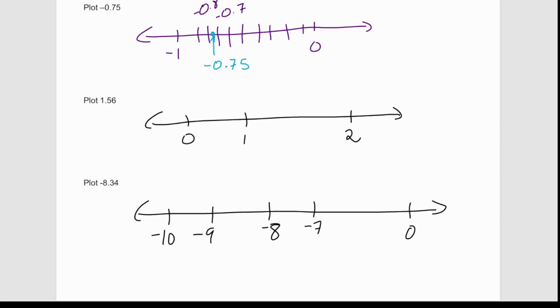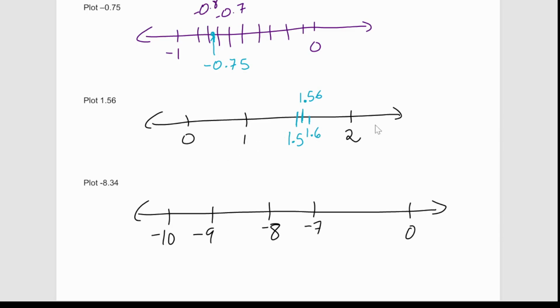So go ahead and pause this video and see if you can at least estimate where these would be. If I'm going to estimate where these would be, 1.56: if I were to mark the in-between of 1.5 being exactly halfway between 1 and 2, 1.56 would be just a smidgen to the right of 1.5, approximately halfway in between, but slightly closer to 1.6 perhaps, would be here.